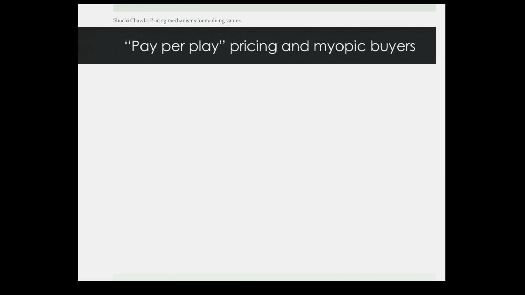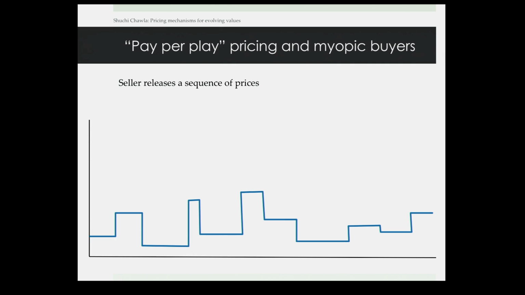Okay, and what is our mechanism going to do? In the interest of simplicity, we're going to assume that the seller announces a per usage price for this product. And this price could look like some sort of varying price over time.